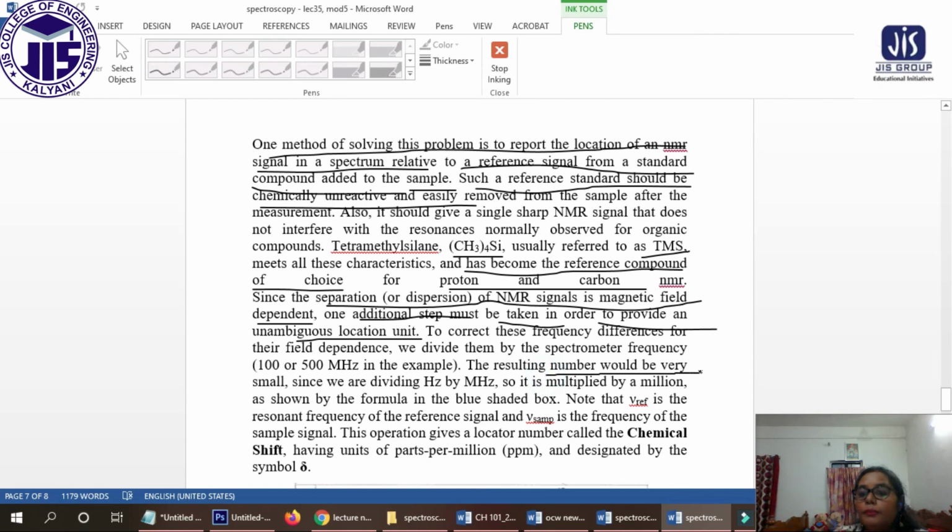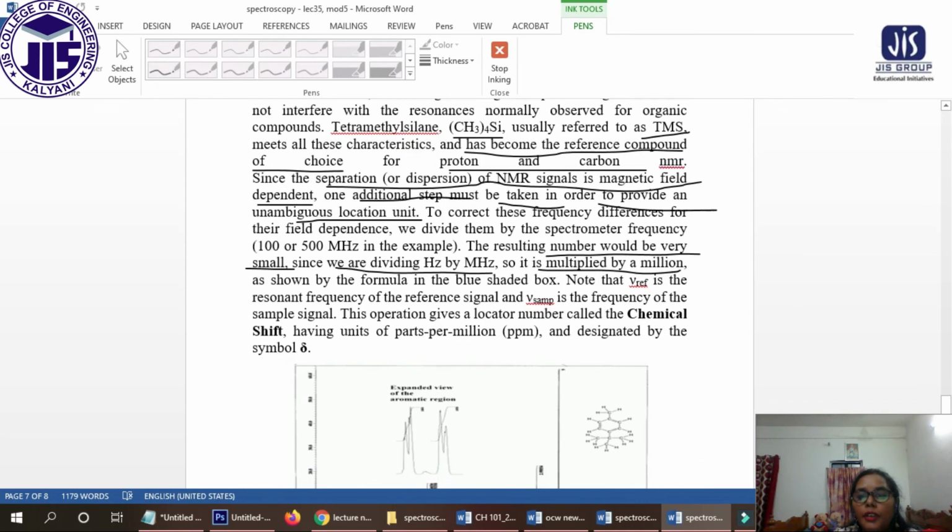The resulting number would be very small, since we are dividing hertz by megahertz, so it is multiplied by a million, as shown by the formula in the box.